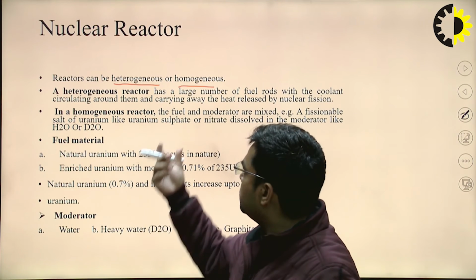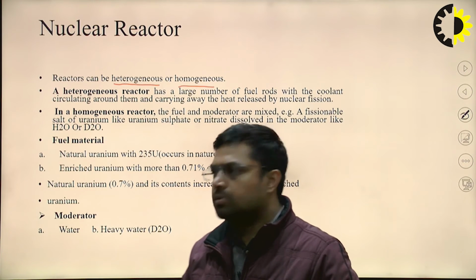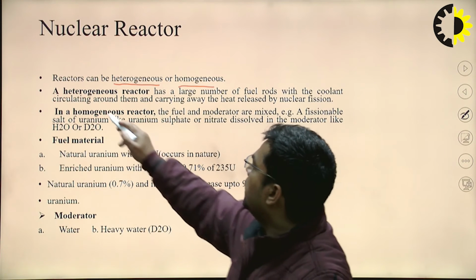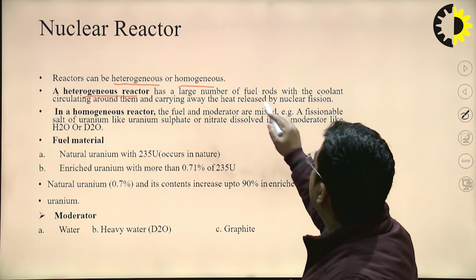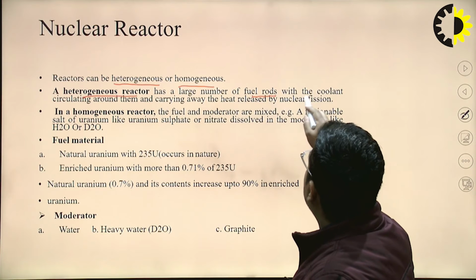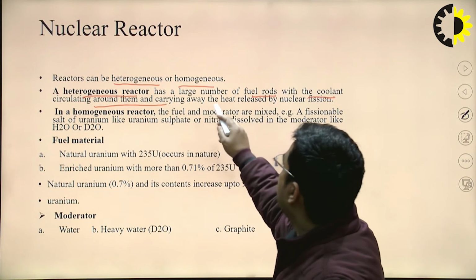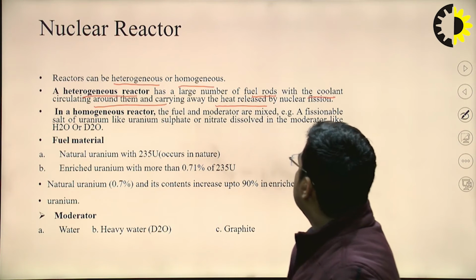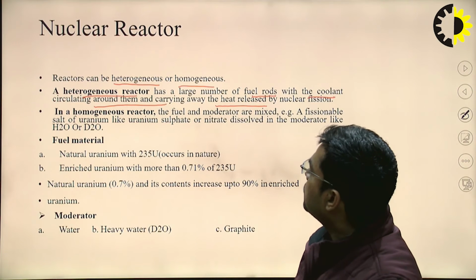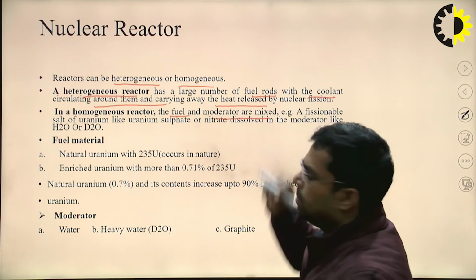The difference between heterogeneous and homogeneous reactors is that in a heterogeneous reactor there are a large number of fuel rods and the coolant circulates around them, carrying away the heat released by the nuclear reactions. But in the case of homogeneous reactors, the fuel and the moderator are mixed.